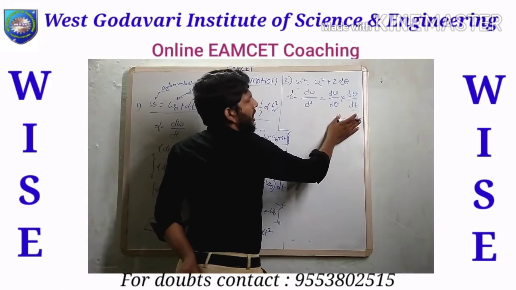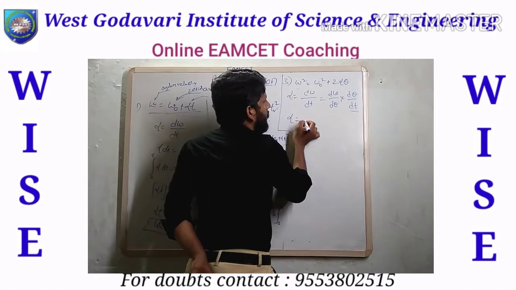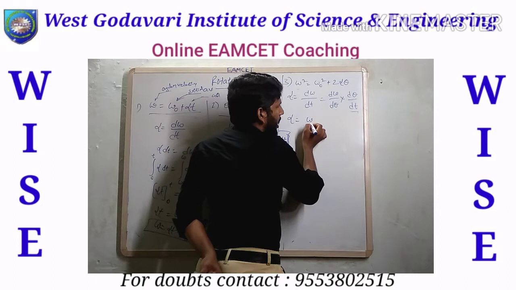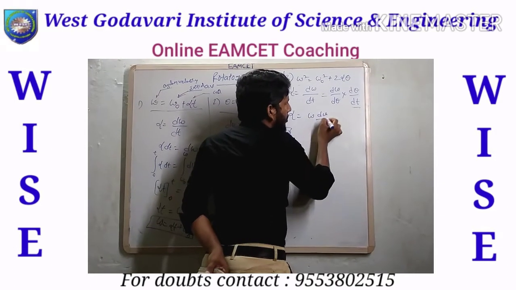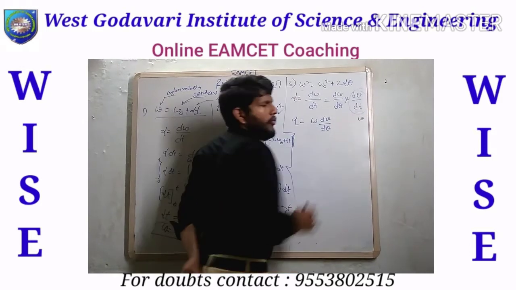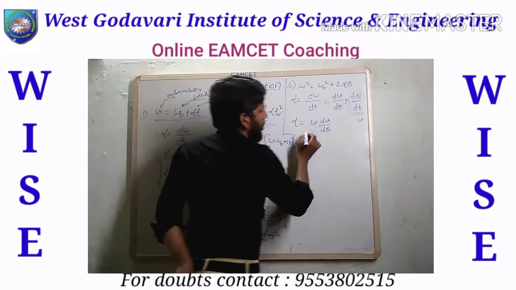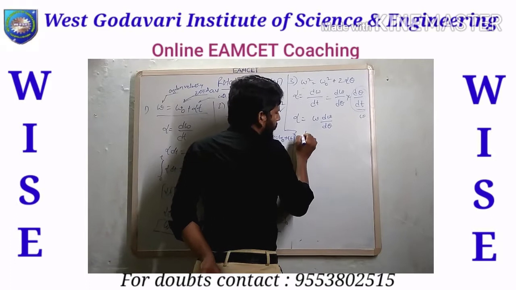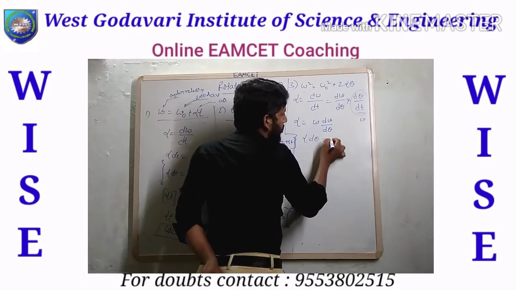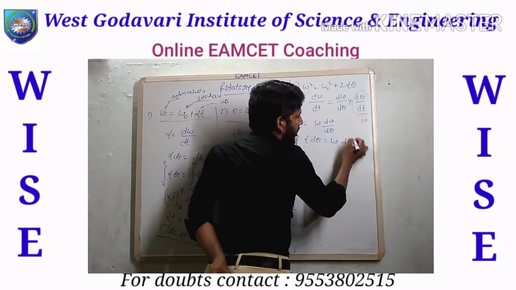So we can write it as α = ω dω/dθ. You write it in the form of omega. Simply, α dθ = ω dω.